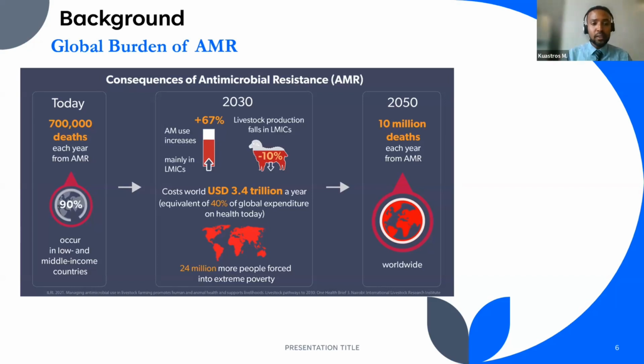And the problem, particularly in LMIC, is they are also increasing their antimicrobial use in animals or in livestock production, which is one of the aggravating factors that we will discuss later on. So the production decreases, and the antimicrobial resistance also increases as the antimicrobial use increases, particularly in LMIC countries.